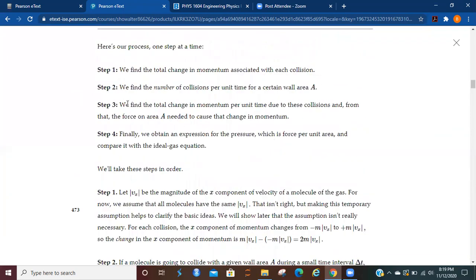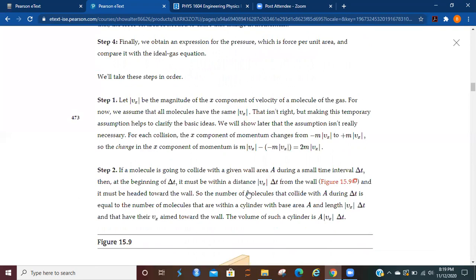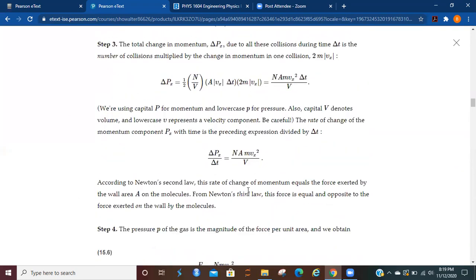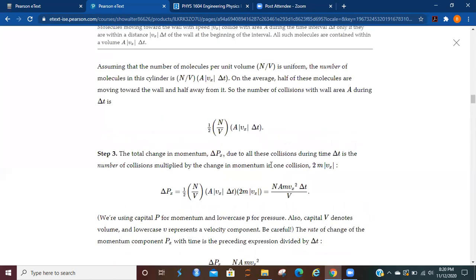Step 3, we find the total change in momentum per unit time due to these collisions, and from that, the force on the area needed to cause that change in momentum, because a change in momentum is going to be caused by a force. So the change in the x direction with respect to time is going to be related to this.